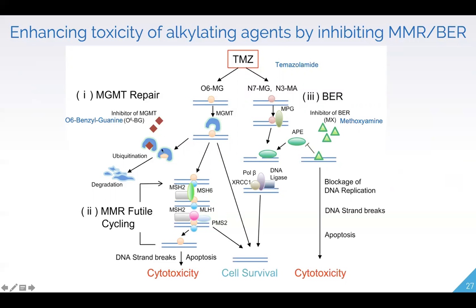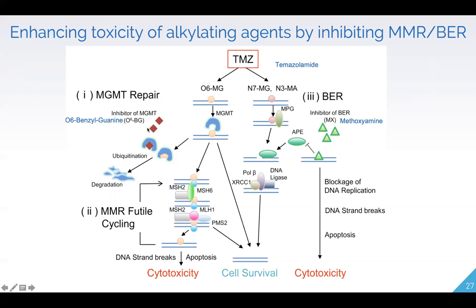But if you have an inhibitor for MGMT, in this case here, there's an inhibitor that was developed that actually promotes the degradation of MGMT. So the way it works is through shutting down the expression of the MGMT protein by shunting them towards degradation, so depriving the cells of MGMT protein.